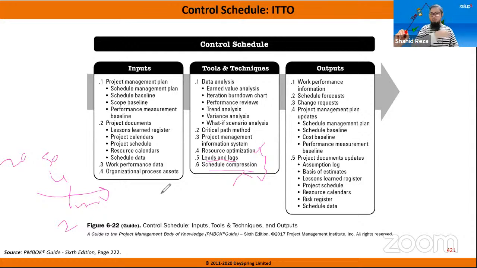But as per project management best practices, you have to regularly update the project schedule to understand where you are now, to understand the variances and trends, and if needed, use resource optimization, leads, lags, and schedule compression techniques to keep your tasks in line so that you can meet the project schedule or deadline.